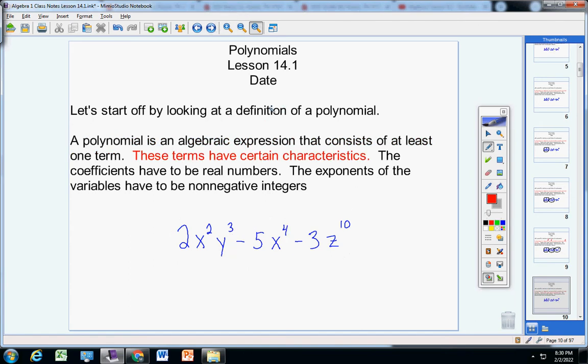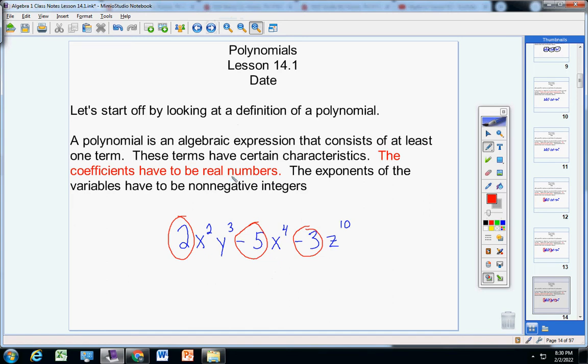Now, moving on, there are some other characteristics. Here's one of them. The coefficients have to be real numbers. So that's a coefficient, that's a coefficient, and that's a coefficient.